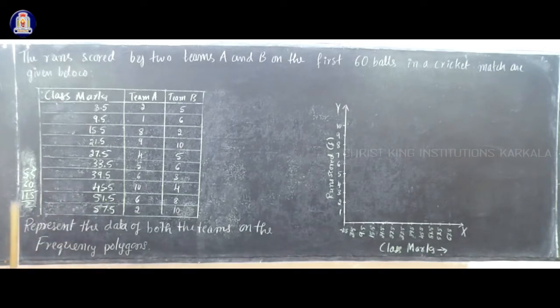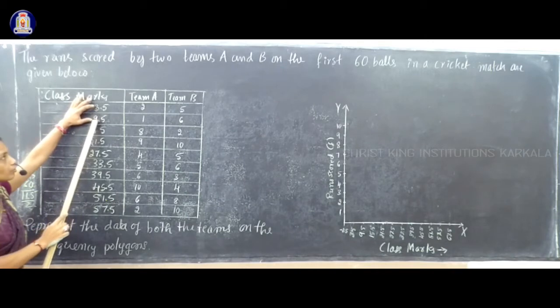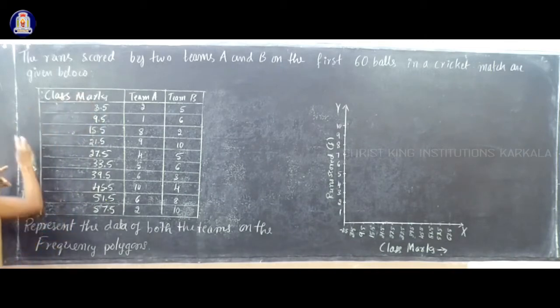You see the difference between two successive class marks, 3.5 and 9.5. What is the difference? 9.5 minus 3.5 is 6.